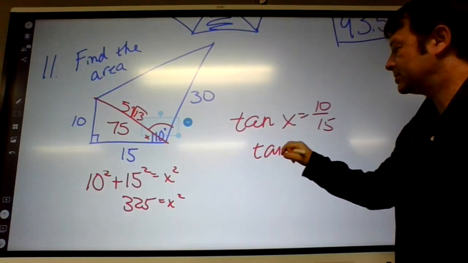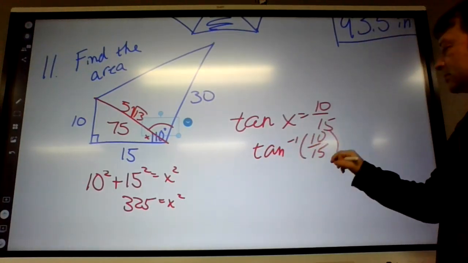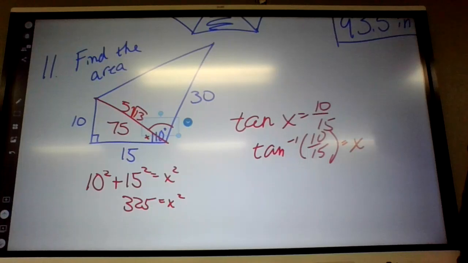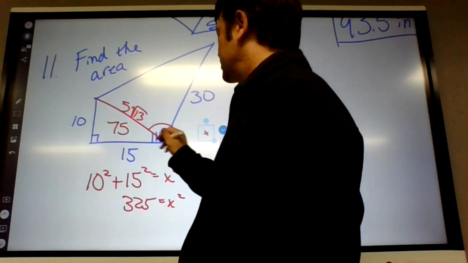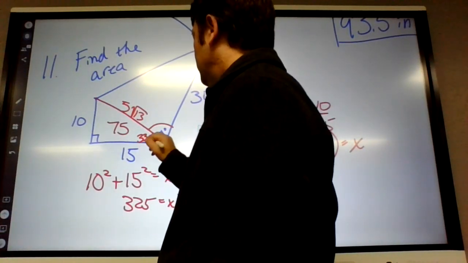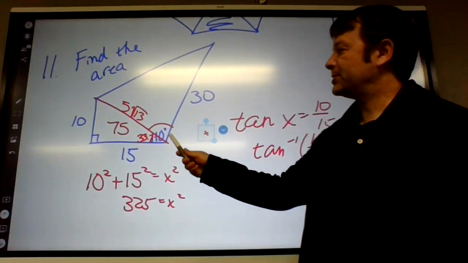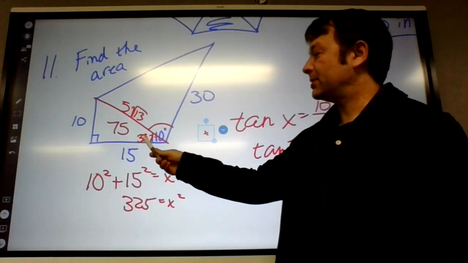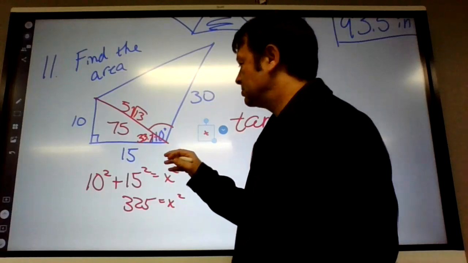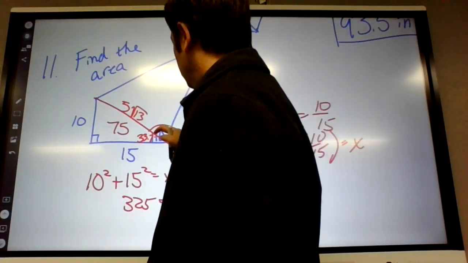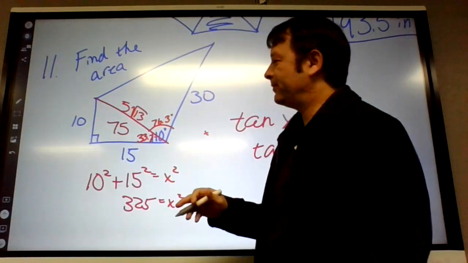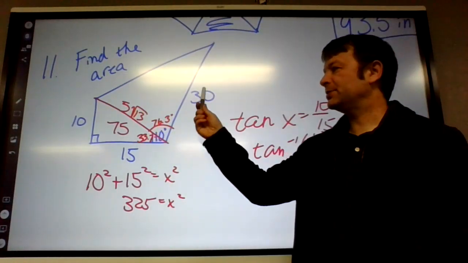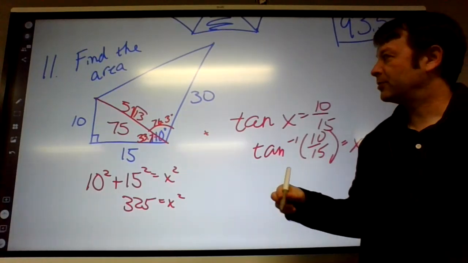So I could do tangent inverse. 33.7. So this angle up here would be 110 minus that. And then we have enough information for side angle side, the other area formula.